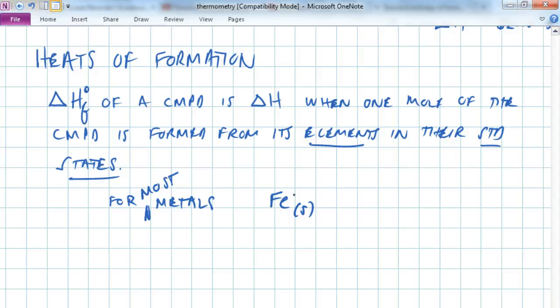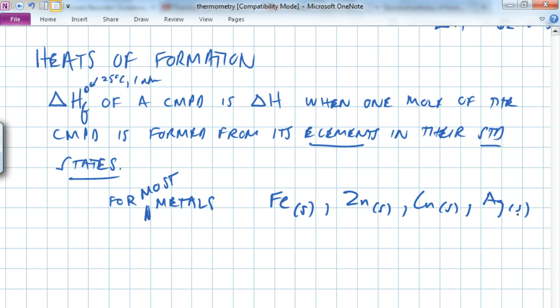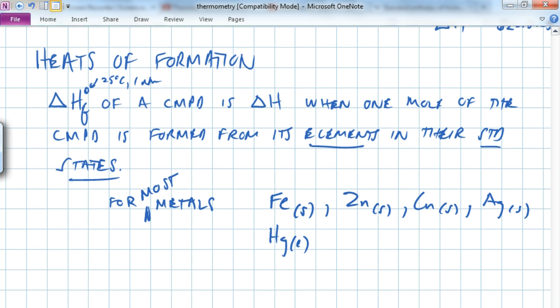Usually it's not a single atom, but we write the standard state as one atom with a solid, because under standard conditions, 25 degrees C and 1 atmosphere of pressure, that's the state of most of these. If it were zinc, it would be the same. If it were copper, it would be the same. Silver, and so on. Now, there's a couple exceptions. Of course, mercury is a liquid. That's really the only exception, actually. So that's why I say for most metals they're solids.